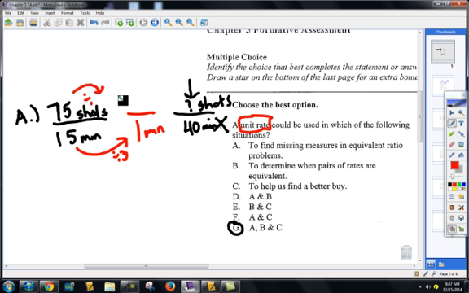Dividing by 3, that means that I am taking 15 shots per minute. Now I'm going to multiply by 40 and whatever that gives me. That doesn't matter. But do you guys all agree that I found a missing measure using unit rate? Would you guys agree with that? Yeah. So we know that A, I just proved to you, is one method of unit rate. Absolutely. You can always use unit rate to solve for an unknown.